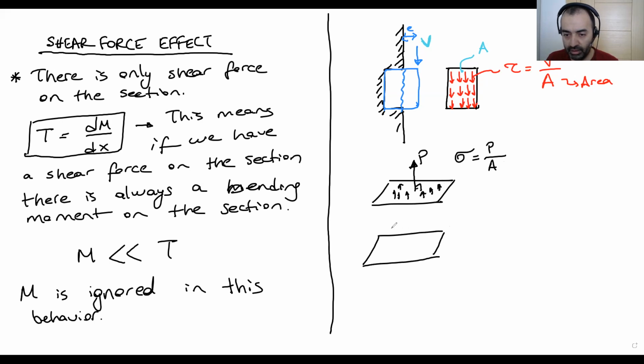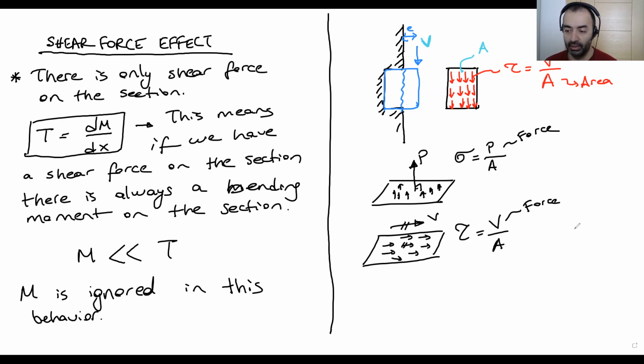The force is in this direction, parallel to the area. So we have stresses in this direction, which is again parallel to the area. Tau is here. Again, if we say V here, V over A. So again, this is force, and here is area. Force over area, force over area.